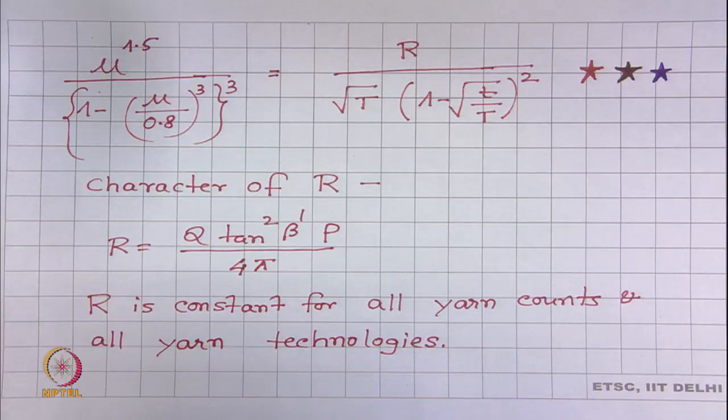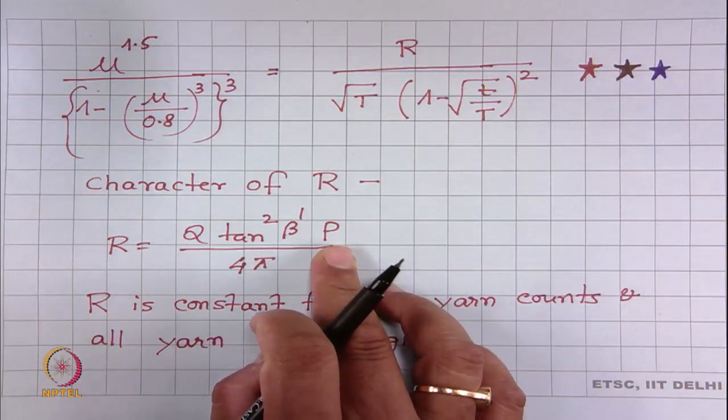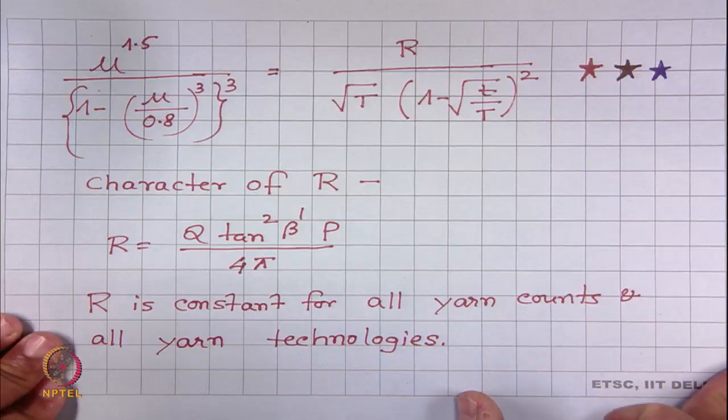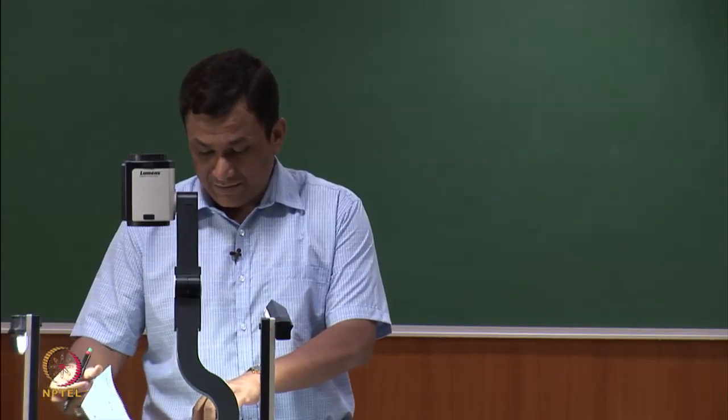And R varies for different fibers because of the involvement of rho and also other parameters. So, it is necessary for us to know the value of R for different fiber.